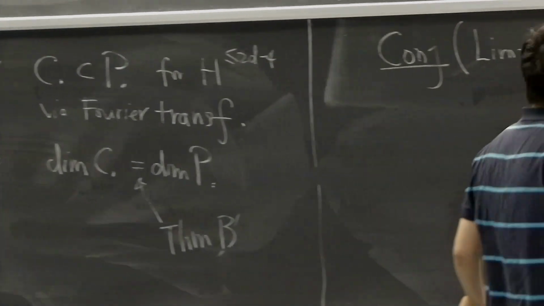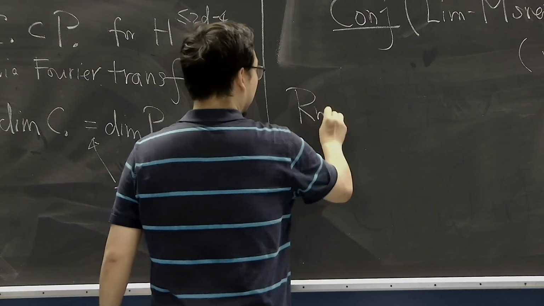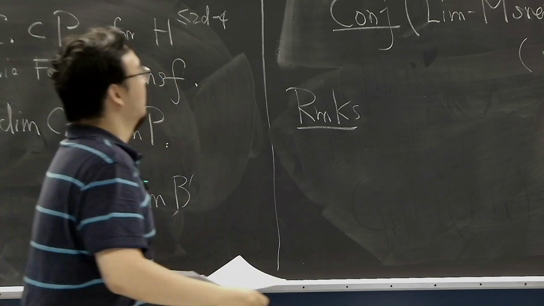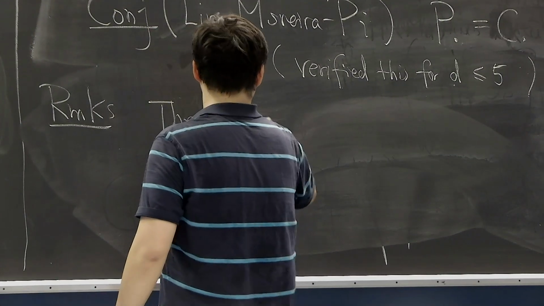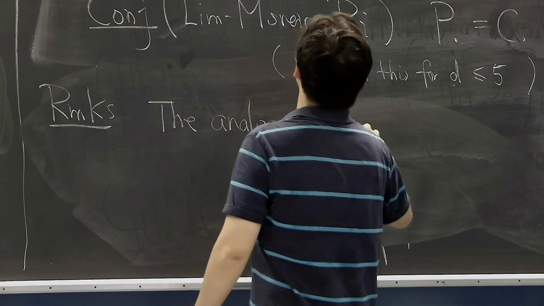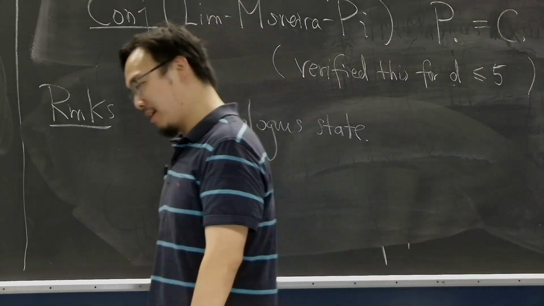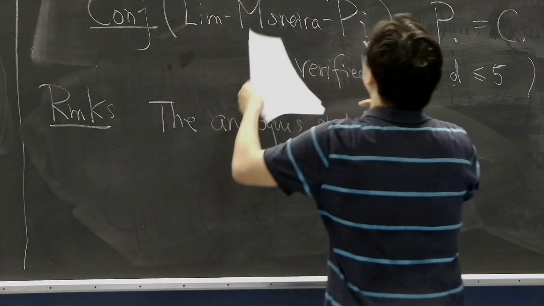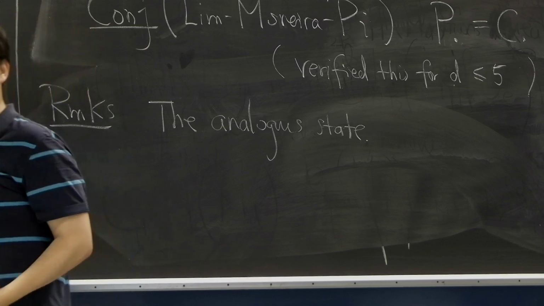And OK, so let me make some remarks about what's the subtlety of this conjecture. The analogous statement: if you replace P2 by T star C, the total cotangent bundle of a curve, then the space M_D will be just the Higgs moduli space, and the morphism H will be the Hitchin fibration.